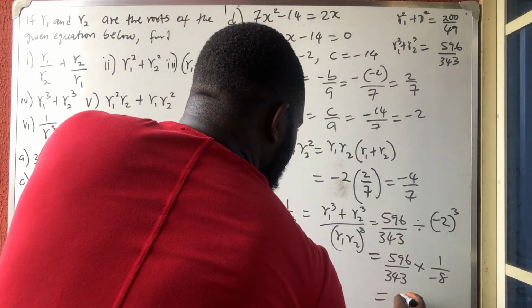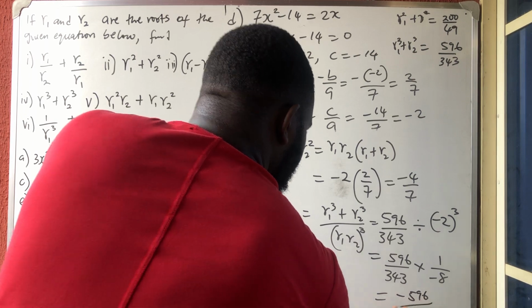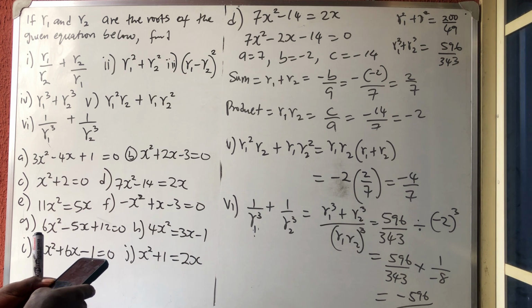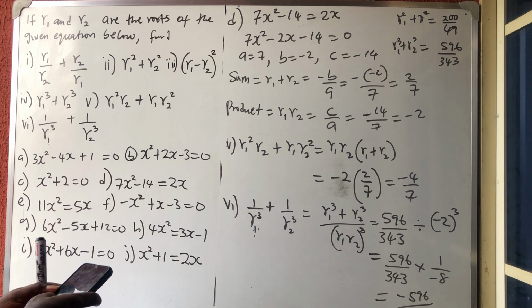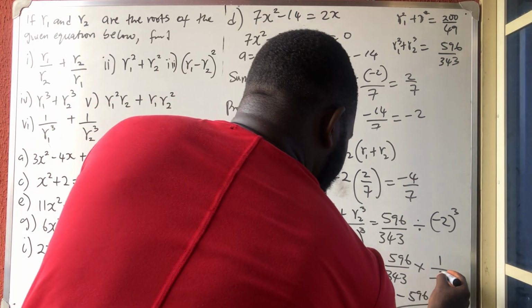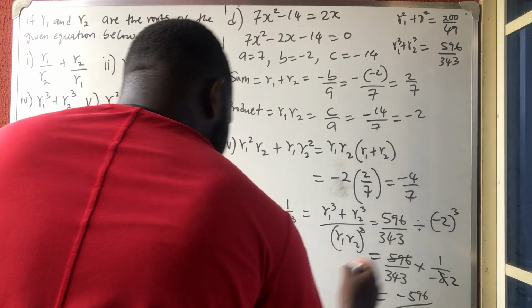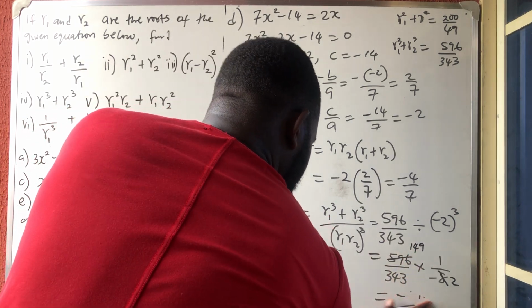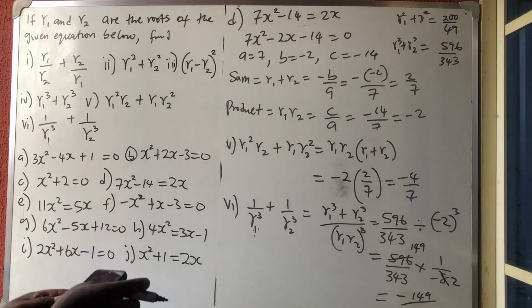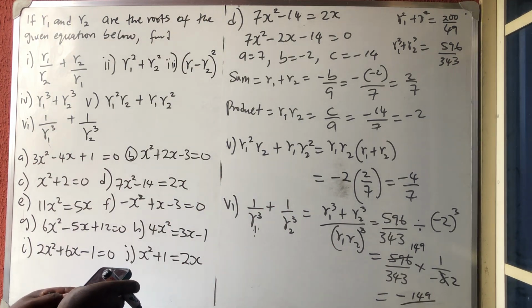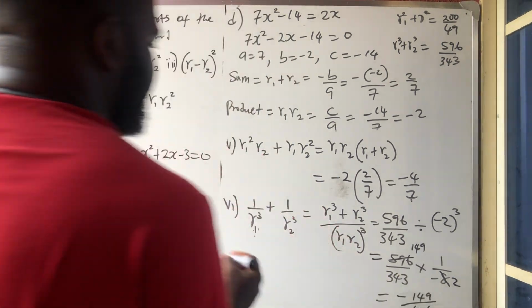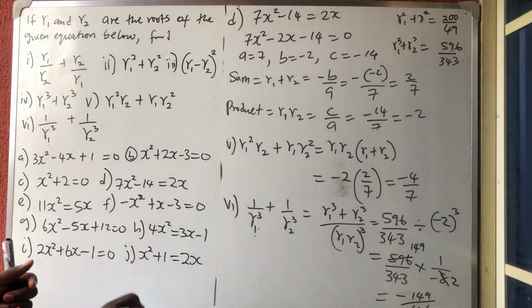So which will give me minus 596 divided by... let me check if 8 can even divide 596. Okay, divided by 4, so 4 can divide there to have 2, and 596 divided by 4, I'm having 149. So it's supposed to be minus 149 divided by 343 times 2. 343 times 2, so I'm having 686. Okay, so that is that.